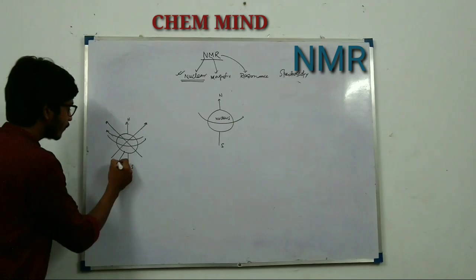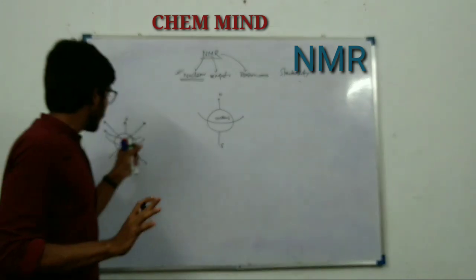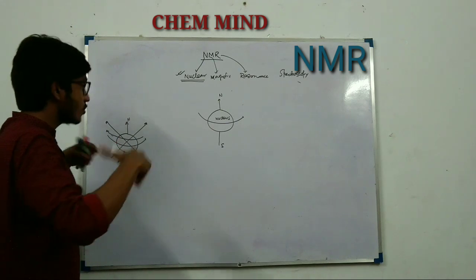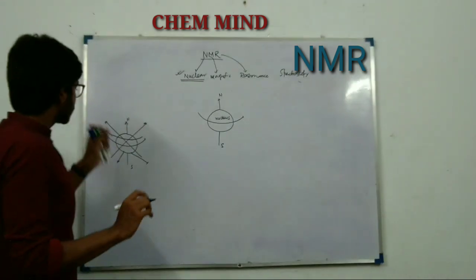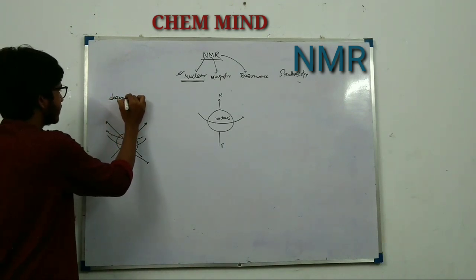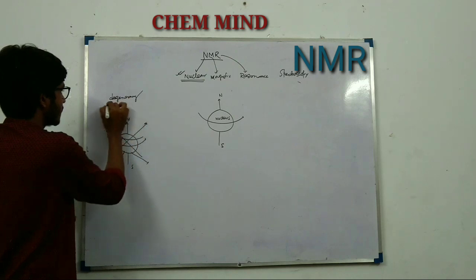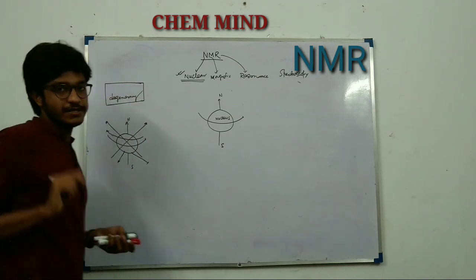So it can move towards any possible direction when no external magnetic field is applied. This particular state is known as degeneracy, which is a very important point.